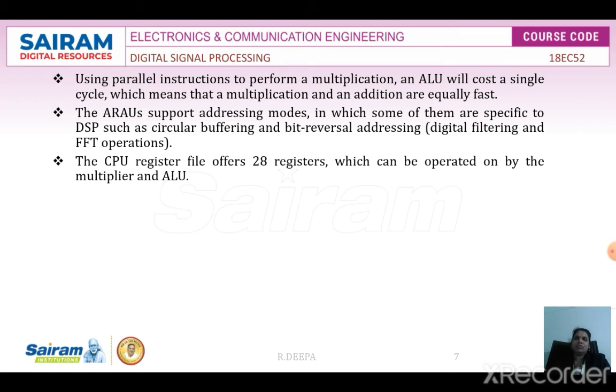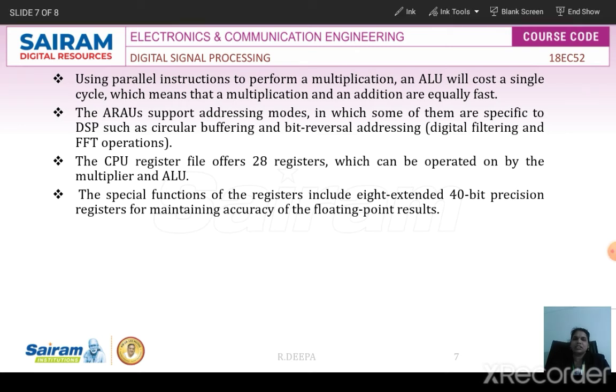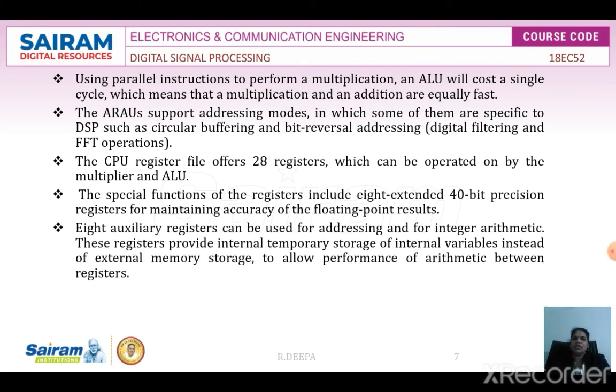This CPU also offers 28 registers which can be operated on by the multiplier as well as the arithmetic and logic unit. Its special register functions include 8 extended 40-bit precision registers for maintaining the accuracy of floating point results. We also have 8 auxiliary registers, which can be used for addressing and integer arithmetic.